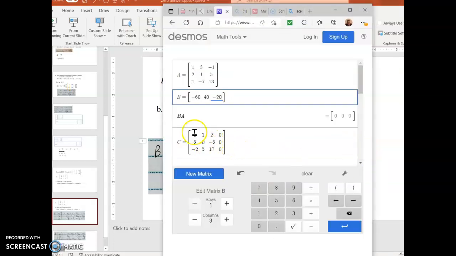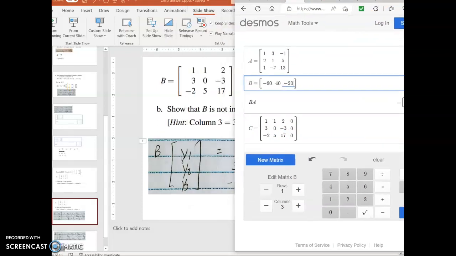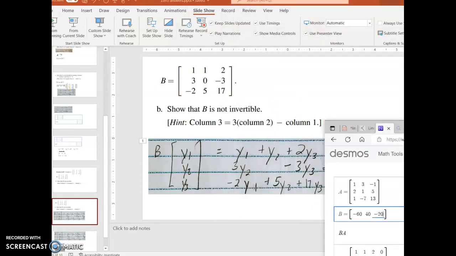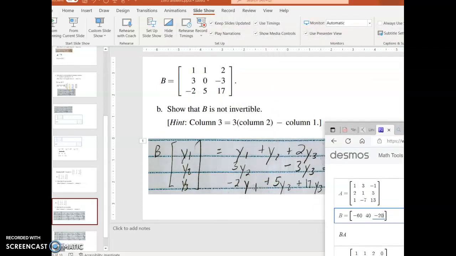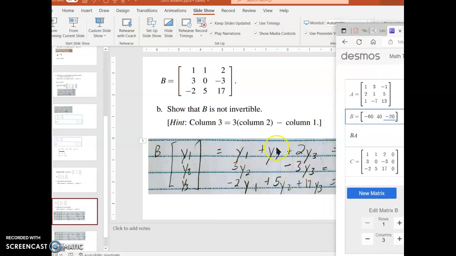And in Desmos, I said, okay, this is C. Trying to get it where you can see. Okay. All right, so 1, 1, 2, 3, 0, negative 3, 2, 5, 17, and 0.